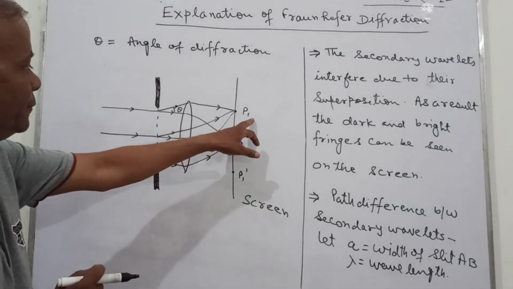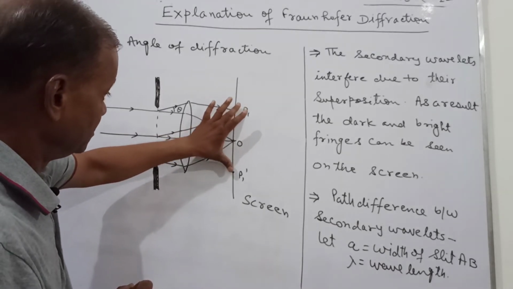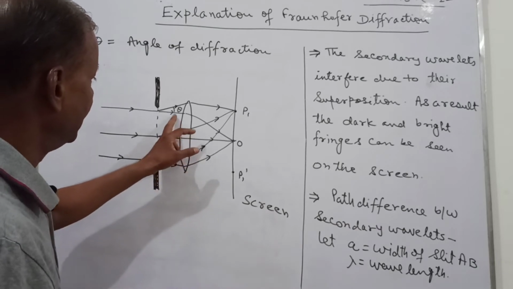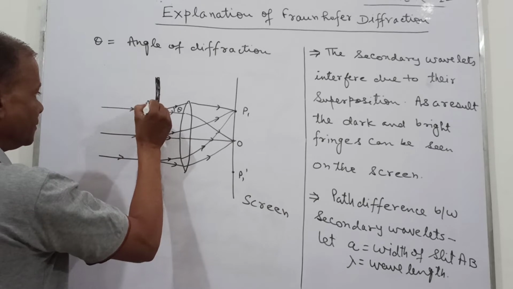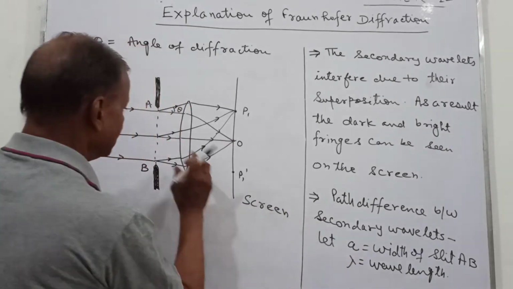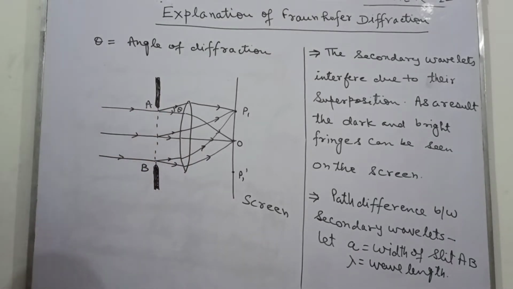This is the central fringe. This is the slit AB, and its width is a.